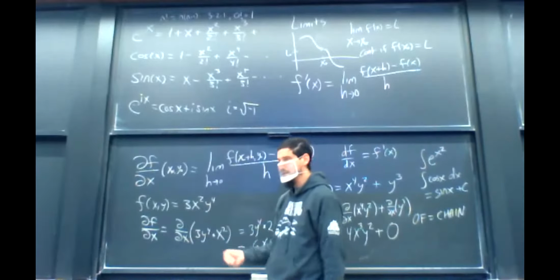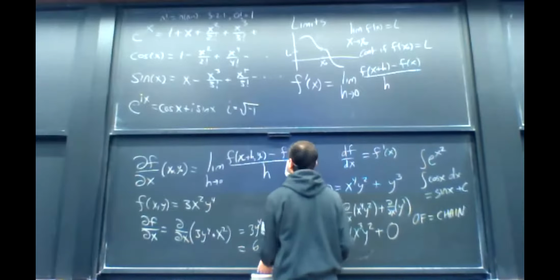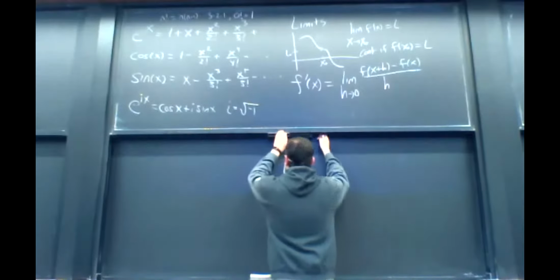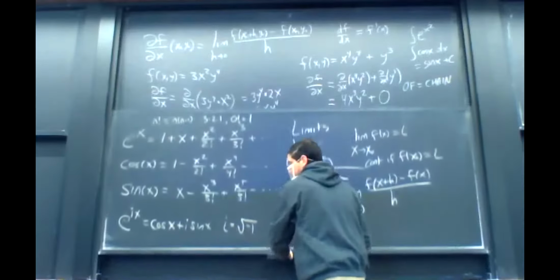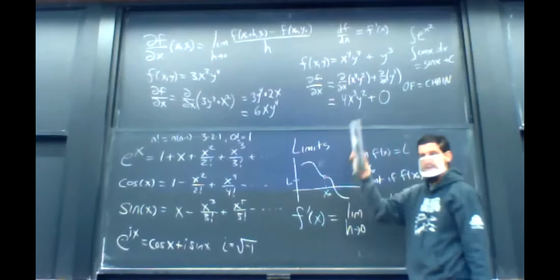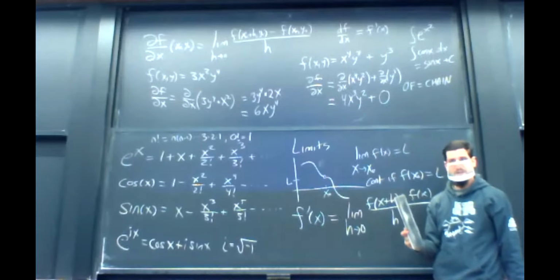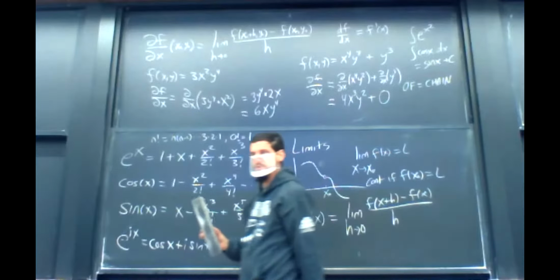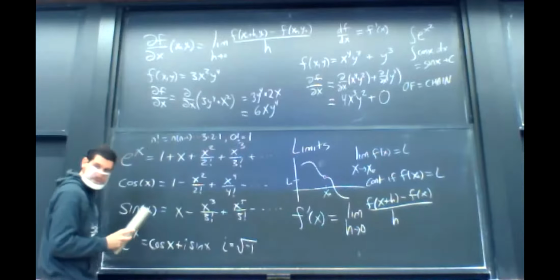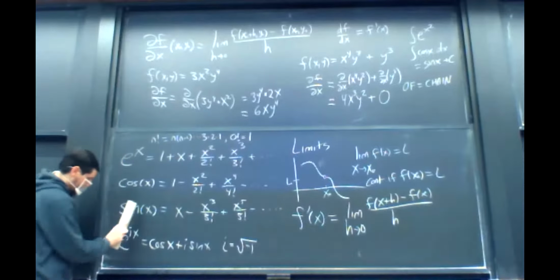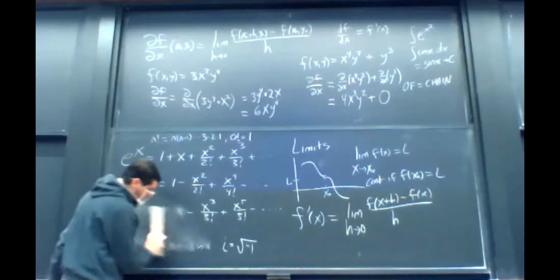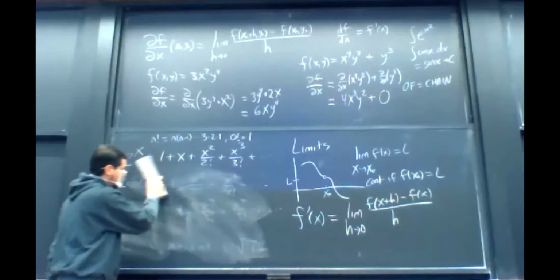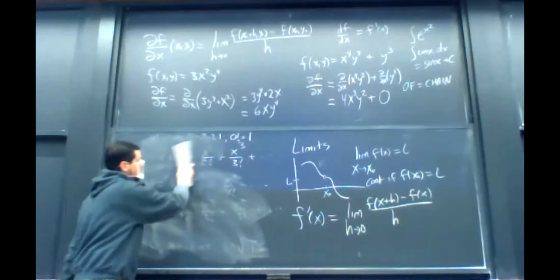When we take df dx, we are approaching along the x-axis. When we take df dy, where are we approaching? Along the y-axis.